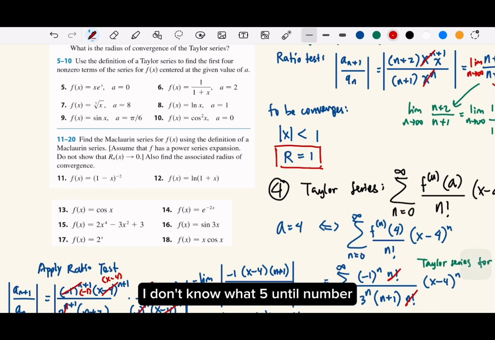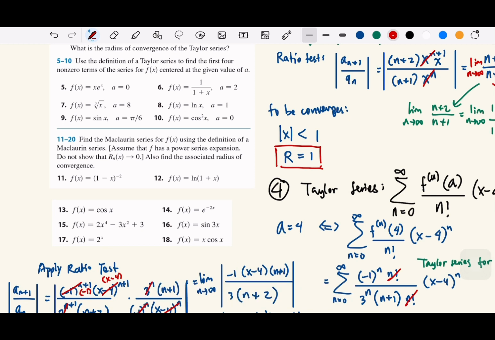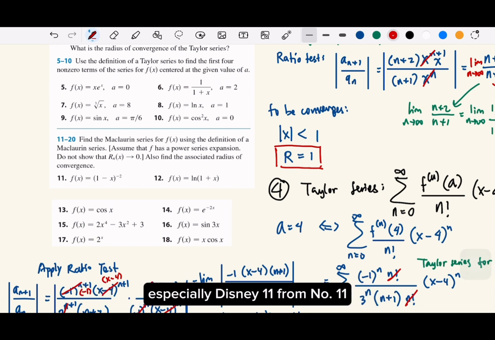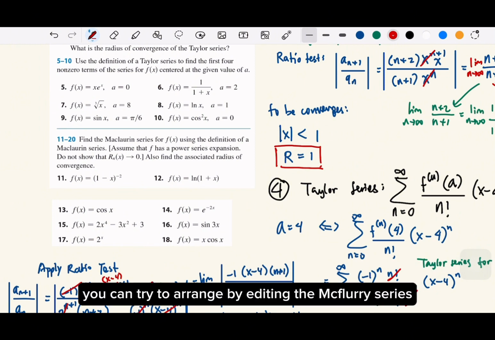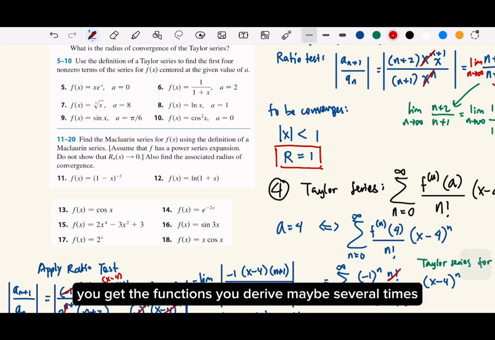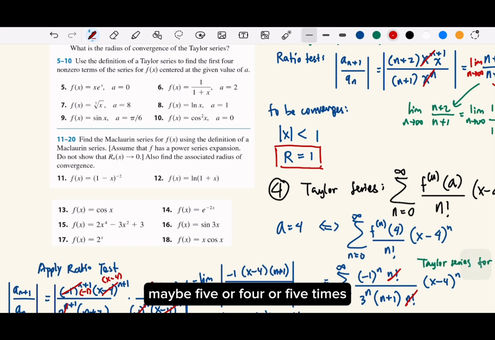Items number 5 until maybe number 20 or maybe 18 here. You can try to find, especially from number 11. You can try to arrange by taking the Maclaurin series. You get the functions, you differentiate maybe several times, maybe 4 or 5 times.